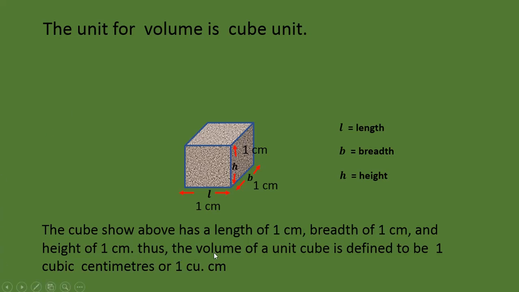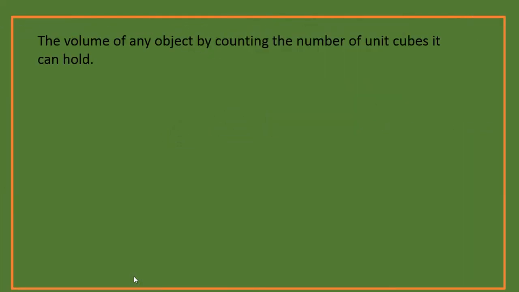Thus, the volume of a unit cube is defined to be 1 cubic centimeter. We can find the volume of any object by counting the number of unit cubes it can hold.